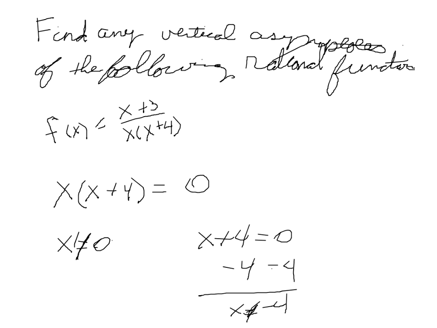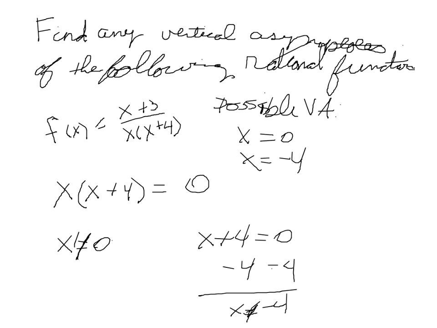Now, if there are any vertical asymptotes, they will occur at the places that are excluded from the domain. So we have two possible vertical asymptotes, x equals 0 and x equals minus 4.